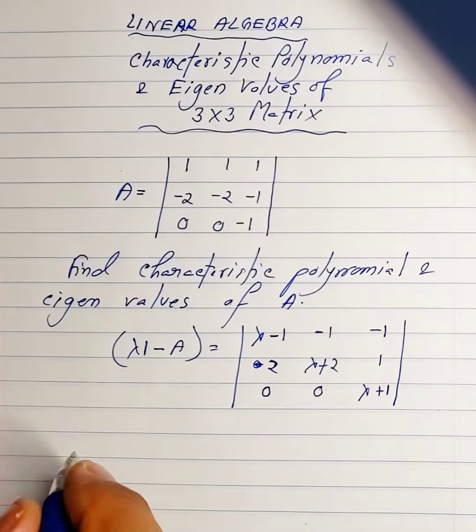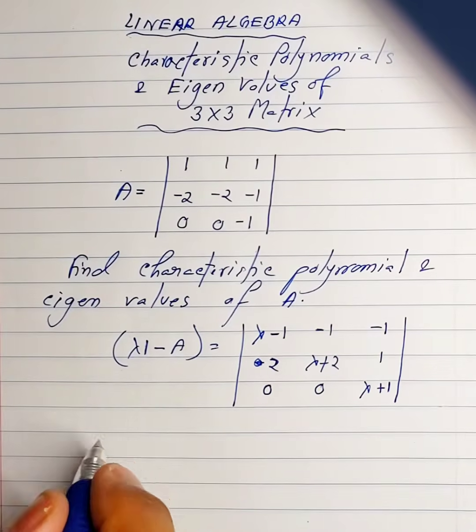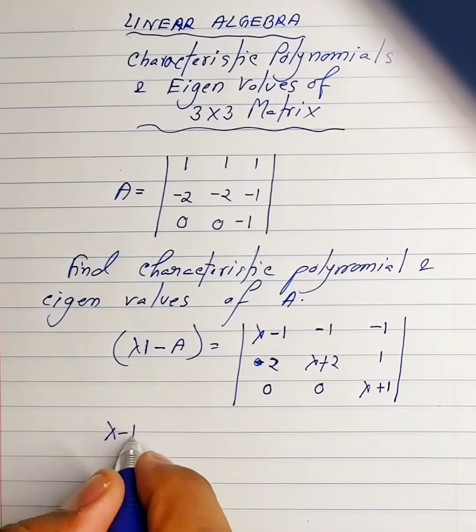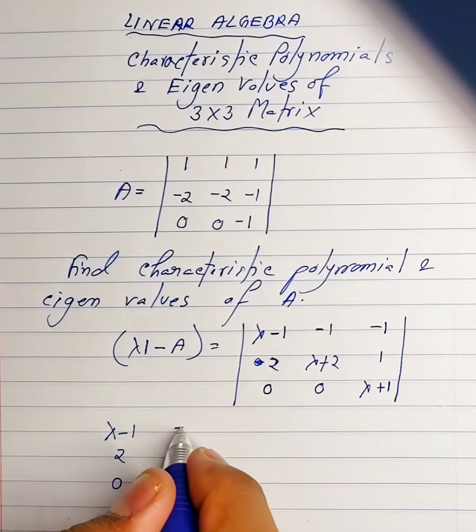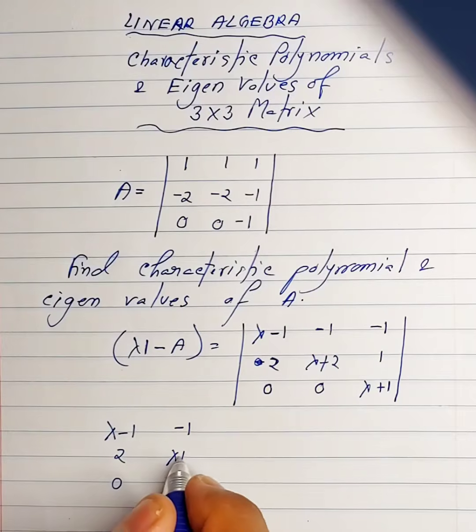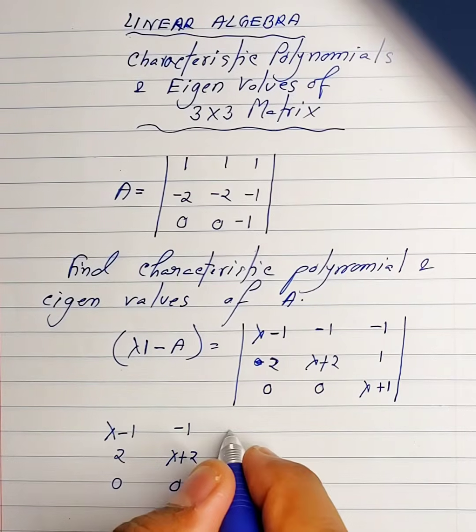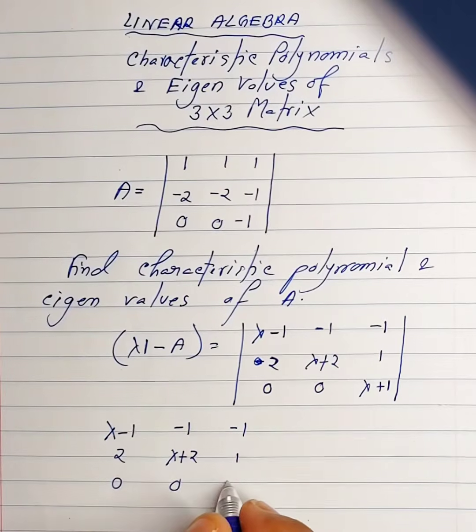So what I do is this. Suppose you have this matrix, which is lambda minus 1, 2, and 0, and you have minus 1, lambda plus 2, and 0, and you have minus 1, 1, lambda plus 1, right?